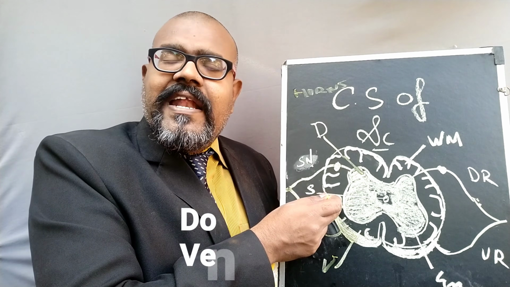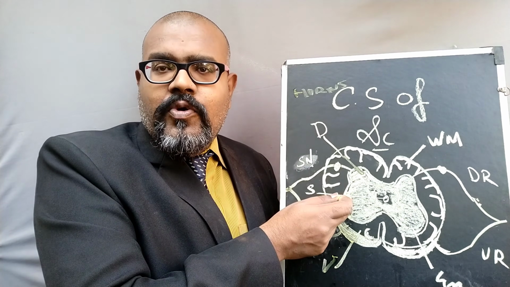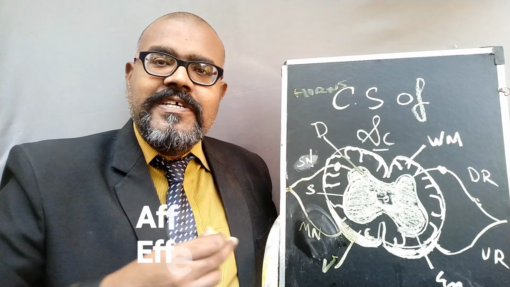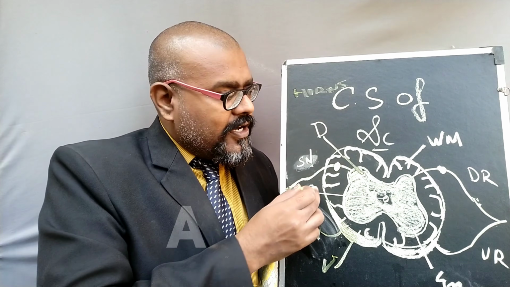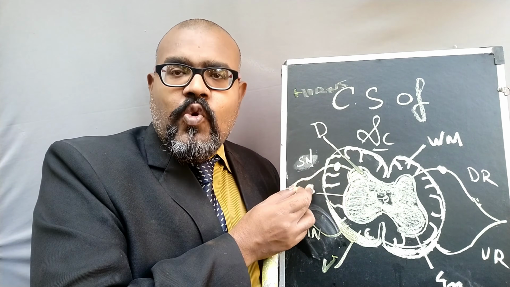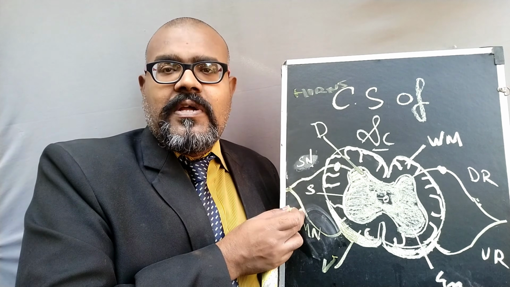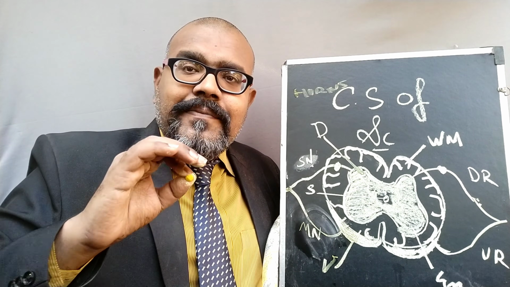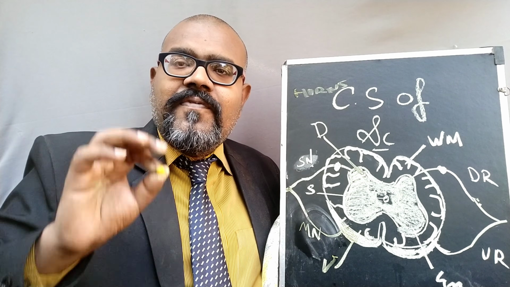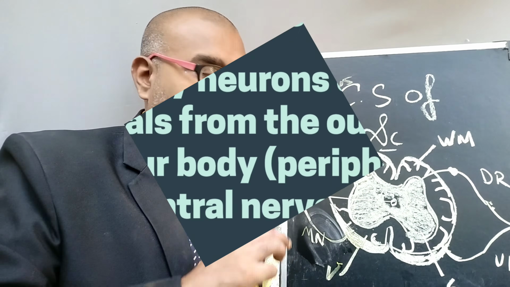We can say afferent portion and efferent portion. The afferent portion is the entry point. The efferent portion is the exit point. In that particular root, we have two neurons present. We already know that each segment of the spinal cord consists of a motor neuron and a sensory neuron.